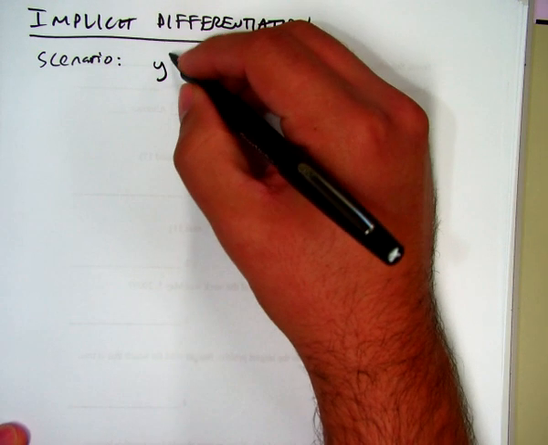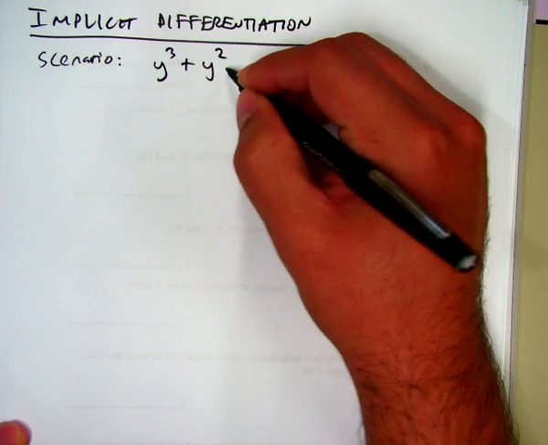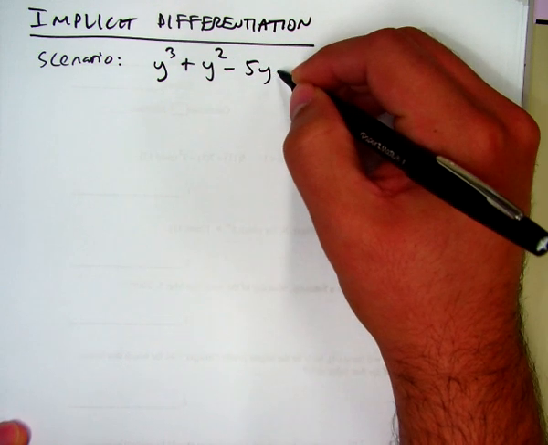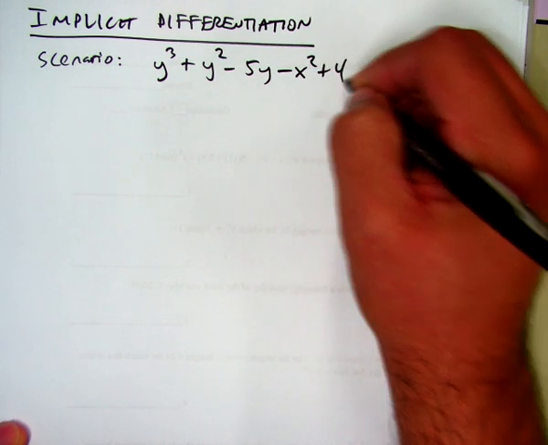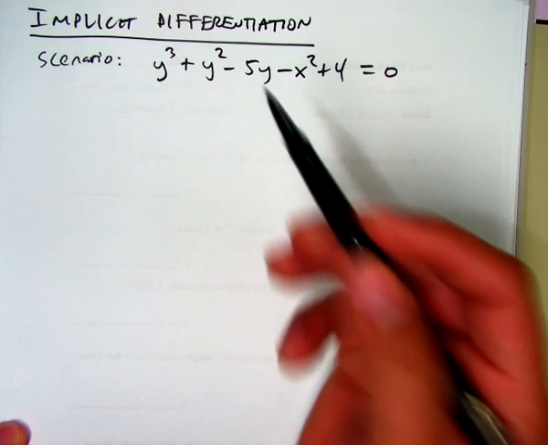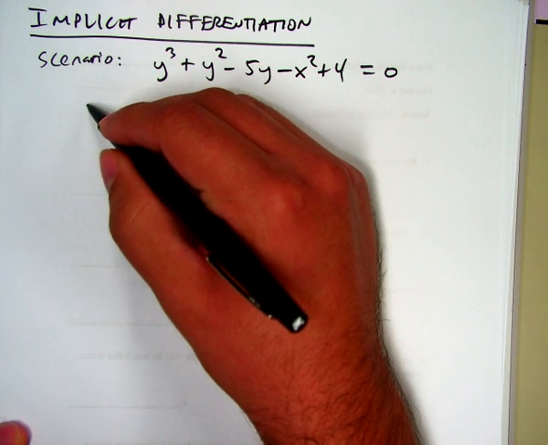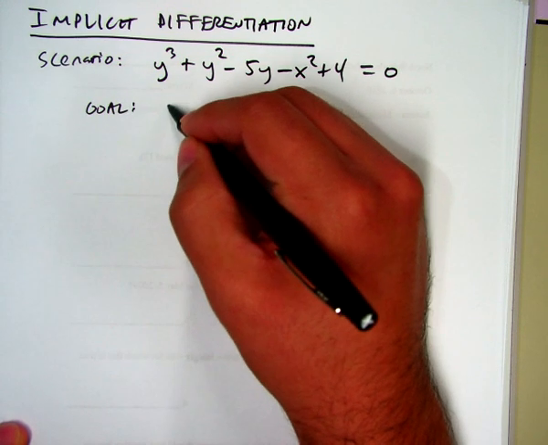So let's say we have y cubed plus y squared minus 5y minus x squared plus 4 equals 0. Here clearly y is defined implicitly, but let's say our goal is to find dy dx.